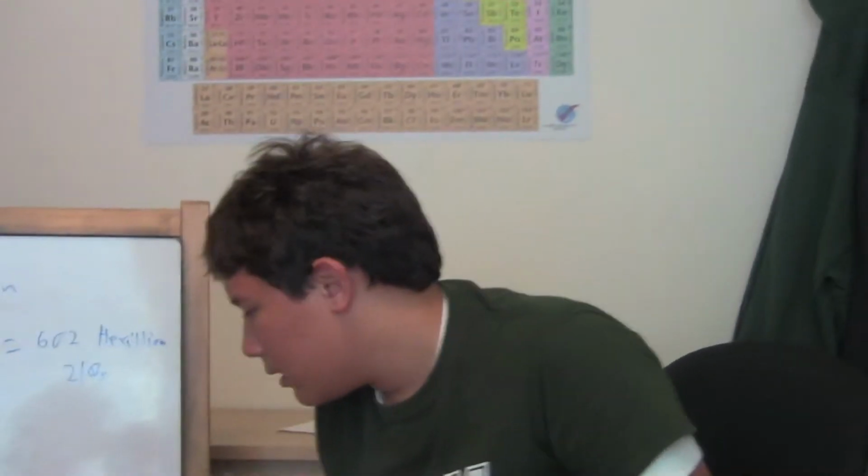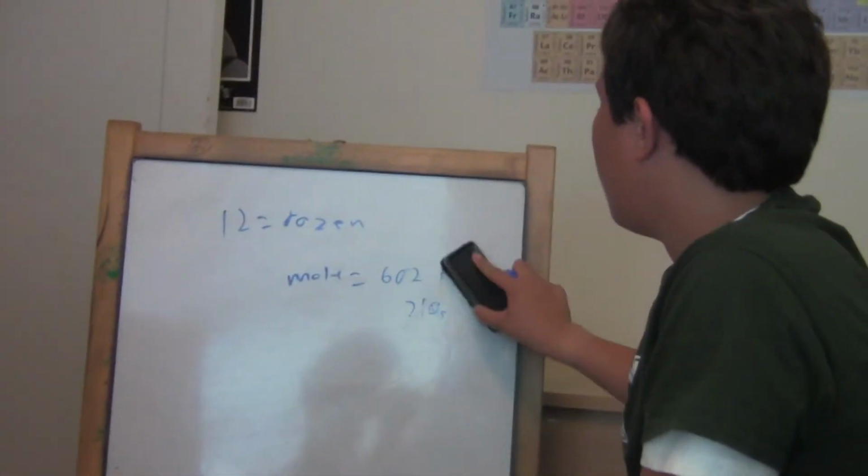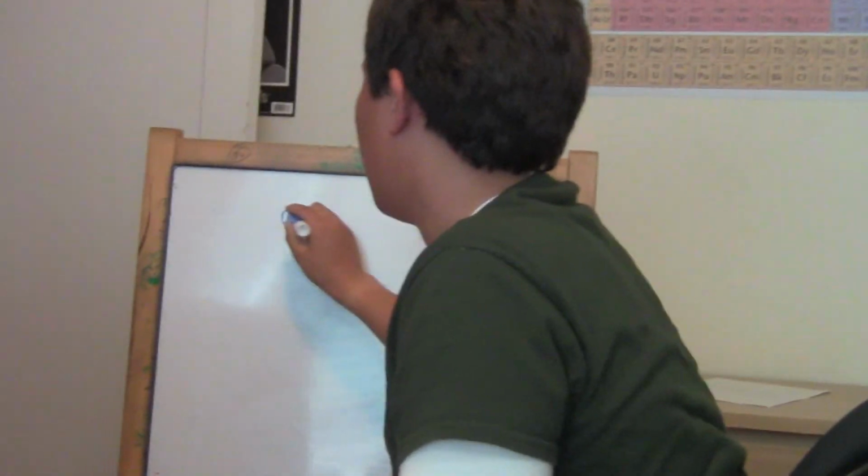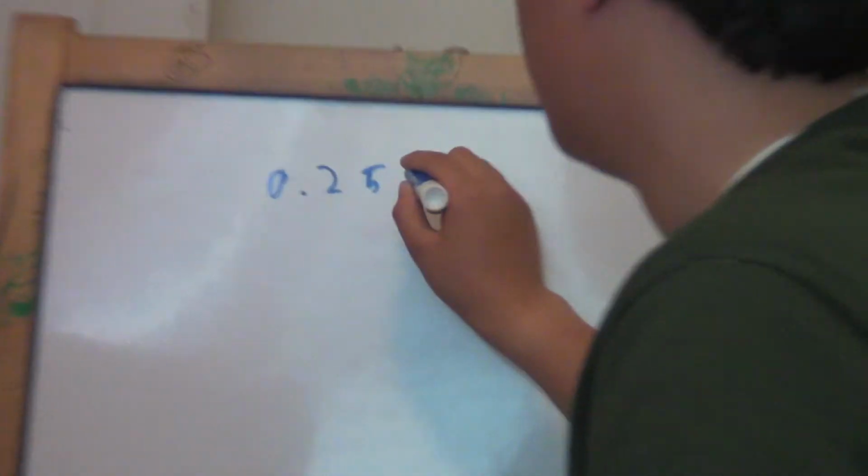So anyways, this will also be helping in another one of my problems I'm going to be doing right now. In which case, we're going to be trying to find how many atoms there are in 0.25 moles of magnesium.